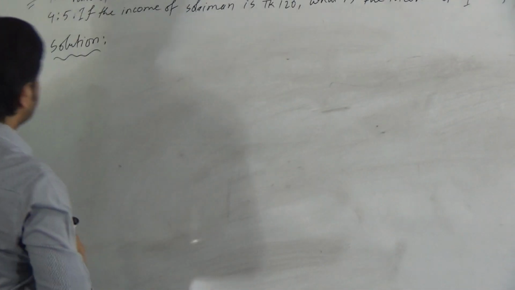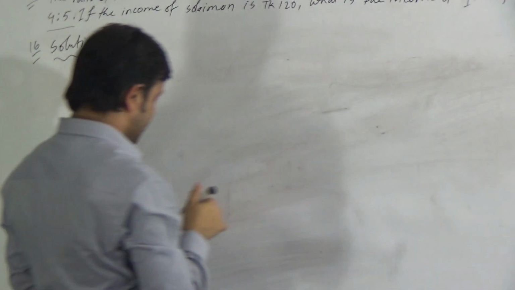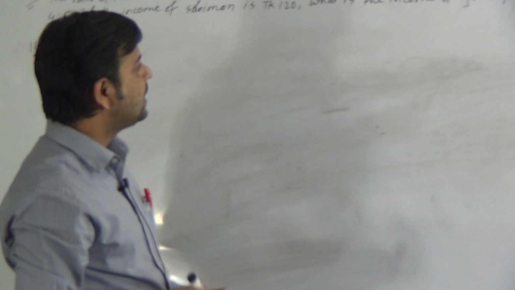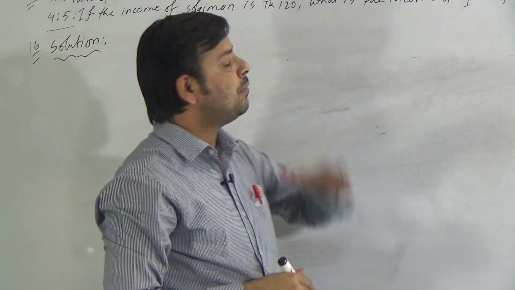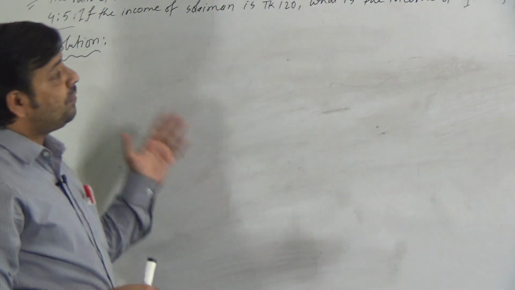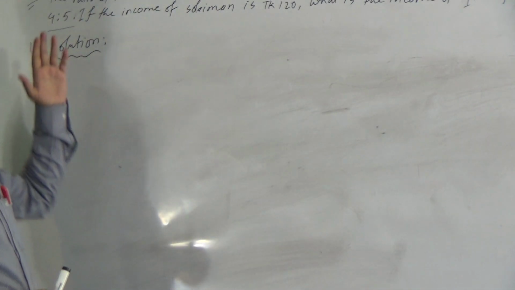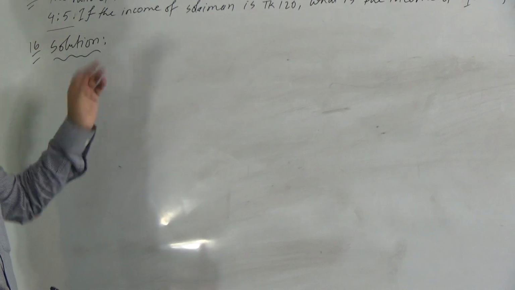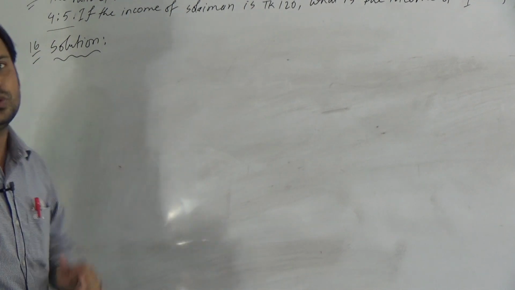You can solve by first converting the ratios 4:5 and 5:7 into a successive ratio. You can determine the income of Yusuf, but we can solve in another way, as I have shown the first way in question 10. So I will not show that one in question 16. I will show the other way.